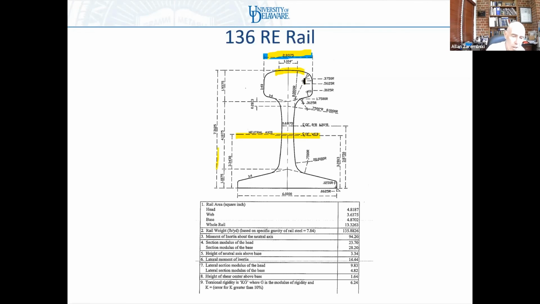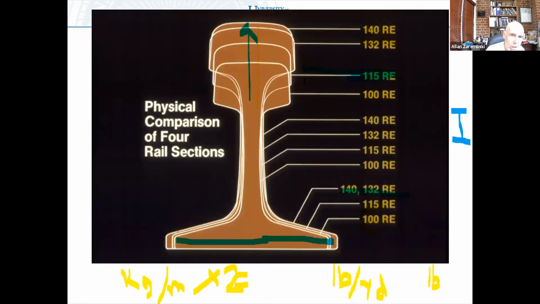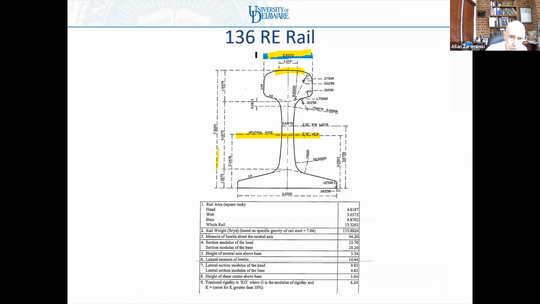Actually in the AAR world, there's an even greater emphasis on the radius at the top of the railhead, even though now that's starting to catch up in the UIC world. And we'll talk about the use of grinding to put a controlled radius into the railhead a little bit later. But again, we're going to come back and understand why this radius is so important in a few moments.